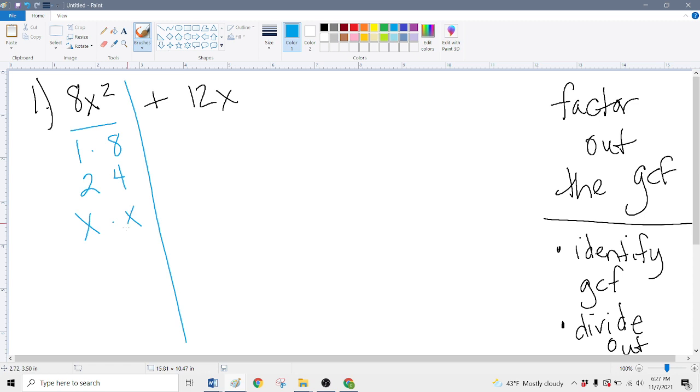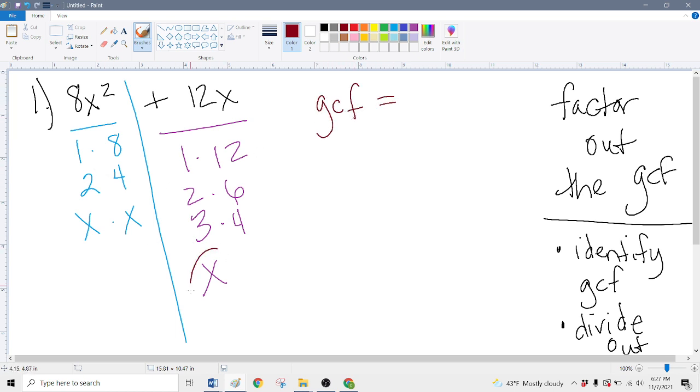The variable part would look like this, x times x. For this second term, our factors are 1 and 12, 2 and 6, and 3 and 4. For the number part, we only have one x on that second term. So the GCF, which is our first step, would be, we'd only have one x that we could take and a 4. So our GCF is 4x.